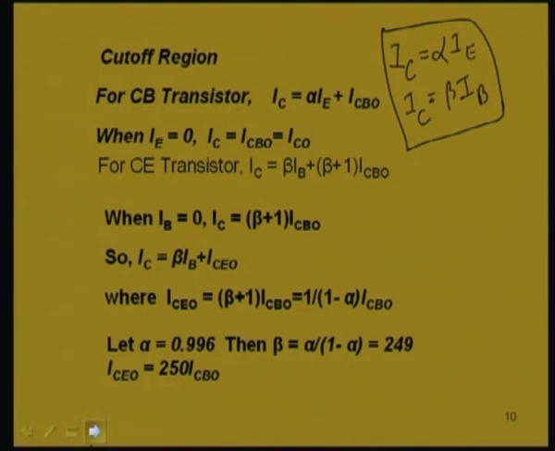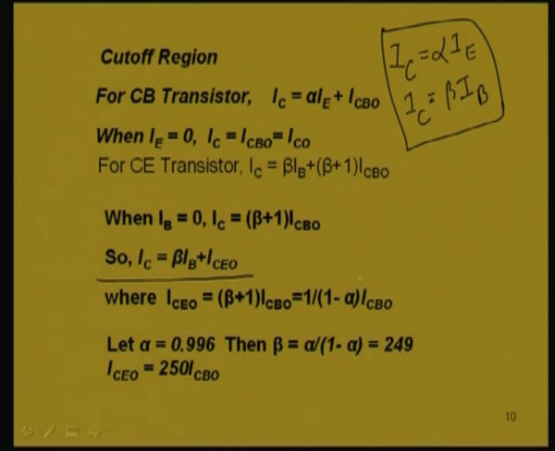So, we have the common emitter transistor configuration having this relationship. Actually, the current relationship is IC equal to beta times IB plus ICEO, and ICEO is nothing but (beta plus 1) times ICBO, where ICBO is the reverse saturation current in common base, and it can be written as 1 by (1 minus alpha) times ICBO.